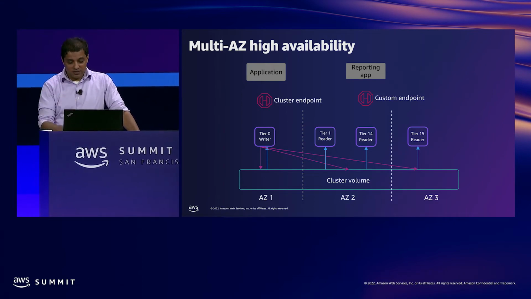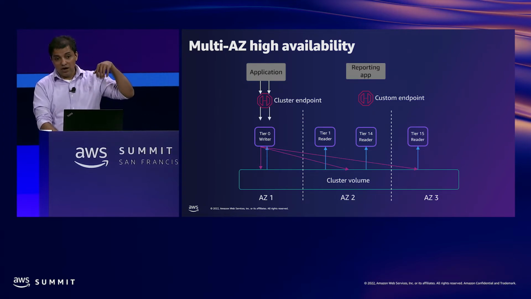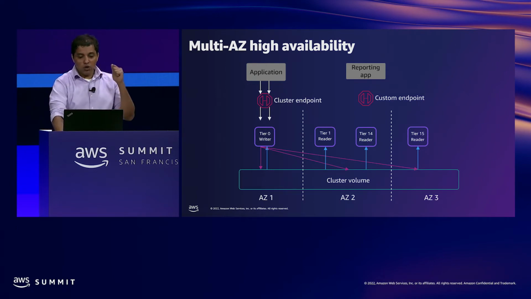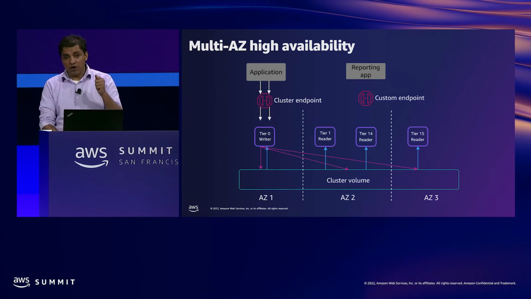So in this case, what I'm doing here is that I have a cluster endpoint, which my application is pointing to, which is connecting to my tier 0 writer. And I have a tier 1 reader. And then I've got 2 more readers on tier 14 and 15. So my custom endpoint is over the 2 readers which are on the higher tiers, 14 and 15.